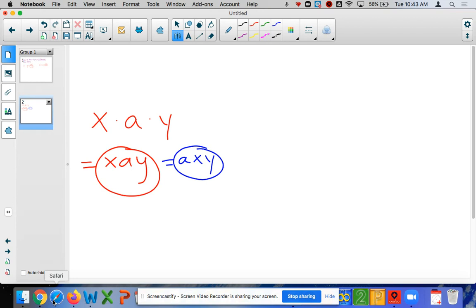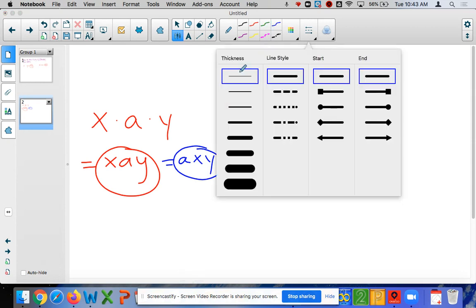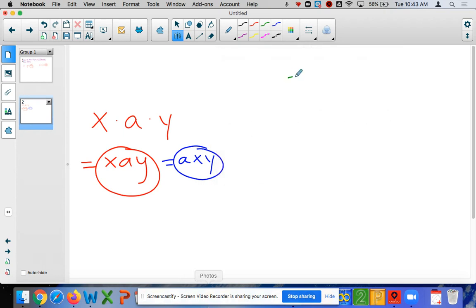So now, what if I've got a coefficient in front of one of these? Let's pick 2. Let's say 2a times 4b. Here's how we do that. We multiply the numbers together first.